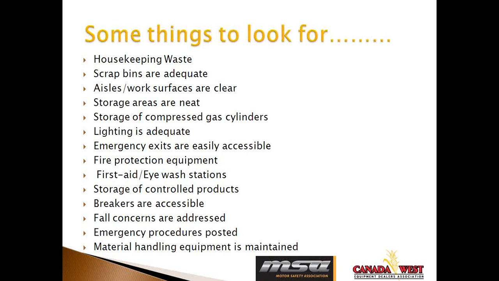We're also looking at lighting, environmental factors, first aid kits. Are they adequate? Are the eye wash stations maintained and upkept? Emergency procedures such as fire plans. So those are some of the items that we are looking for when we come out and do a work site inspection at your workplace.